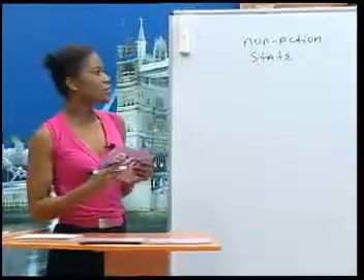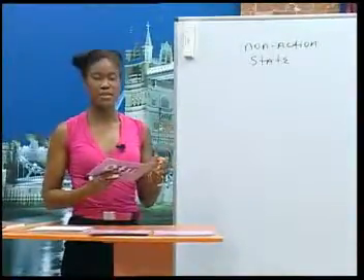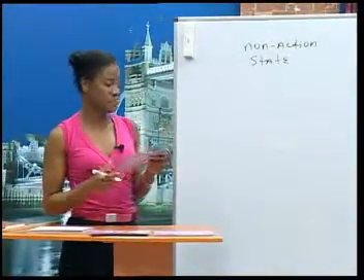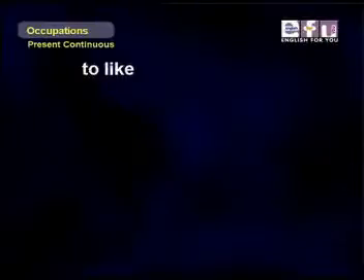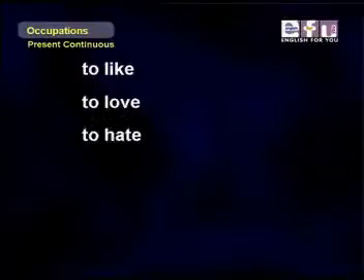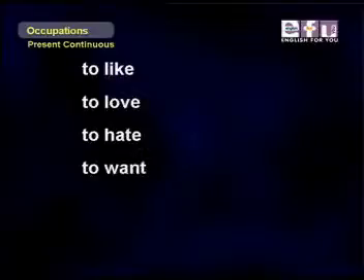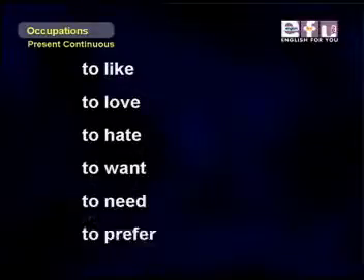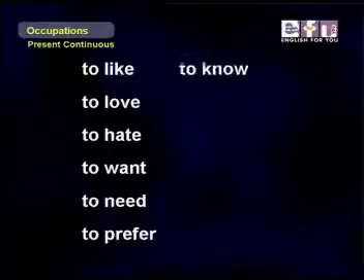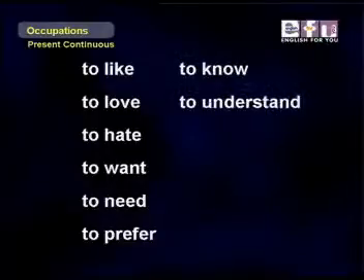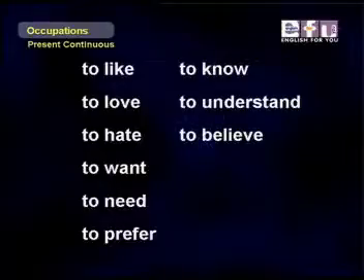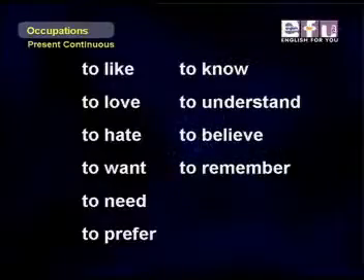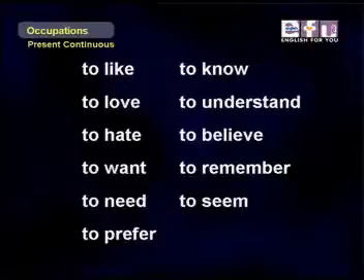All right, the verbs we don't normally use in the present continuous are to like, to love, to hate, to want, to need, to prefer, to know, to understand, to believe, to remember, and to seem.